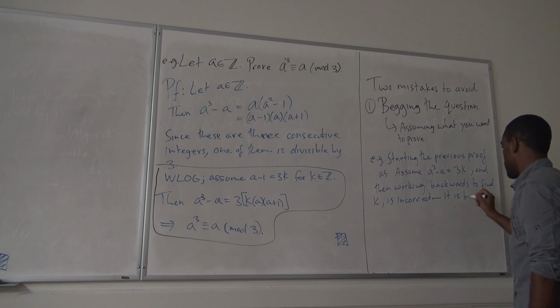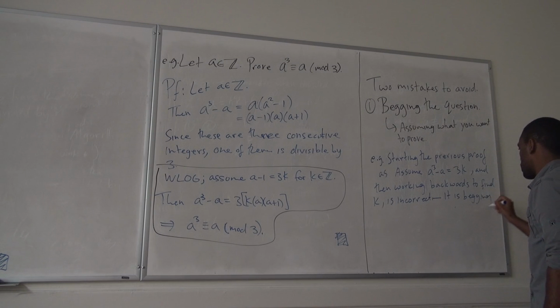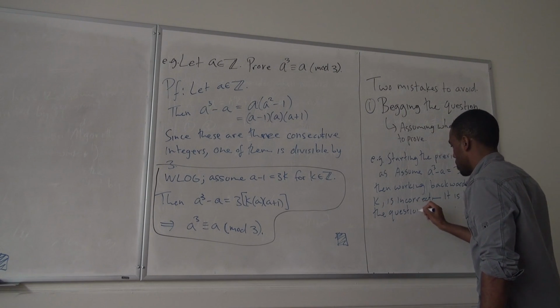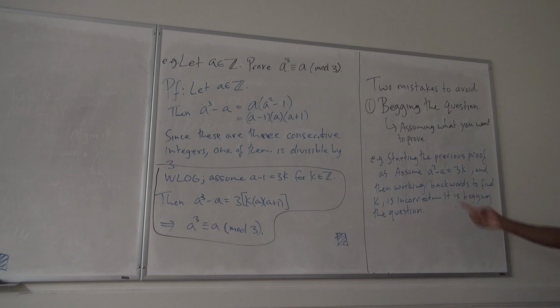It is begging the question. What you're actually being asked to do is to prove that this can be written as 3 times an integer, so you cannot start your proof like that.